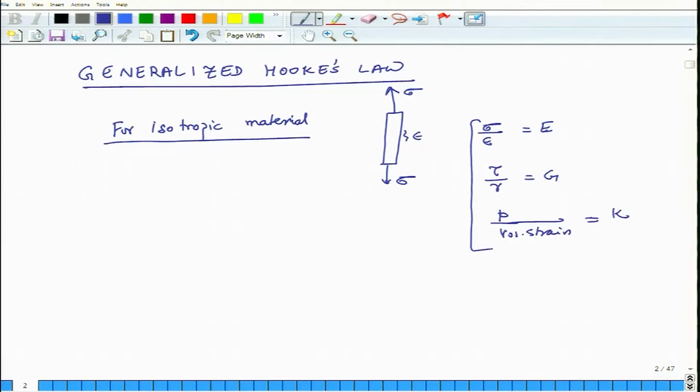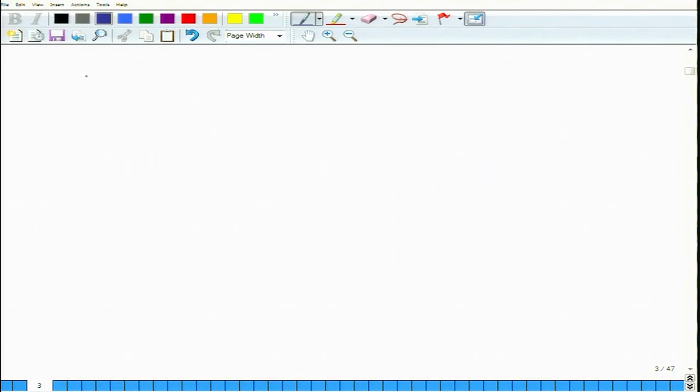So this is for isotropic material. So, the question is, for anisotropic material, what we have discussed so far is only for orthotropic material. Does a similar Hooke's law exist for a fully anisotropic material? That is what we are going to discuss. So, what we are going to discuss is generalized Hooke's law for anisotropic materials.